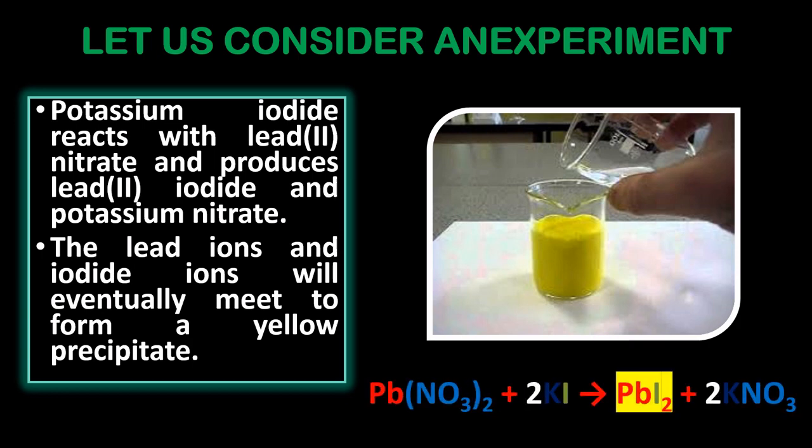The chemical reaction can be represented as lead nitrate plus potassium iodide gives lead iodide plus potassium nitrate. In this chemical reaction, one molecule of lead nitrate reacts with two molecules of potassium iodide to form one molecule of lead iodide with the formation of two molecules of potassium nitrate.